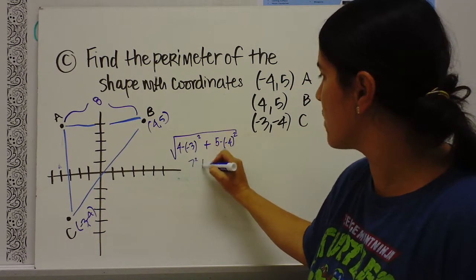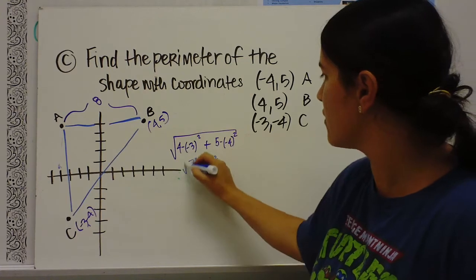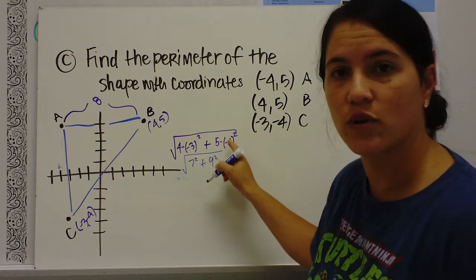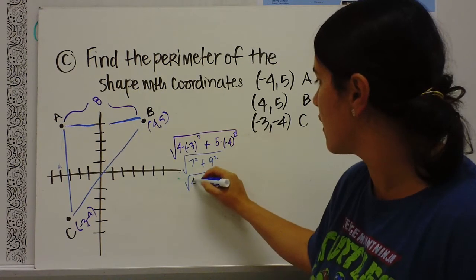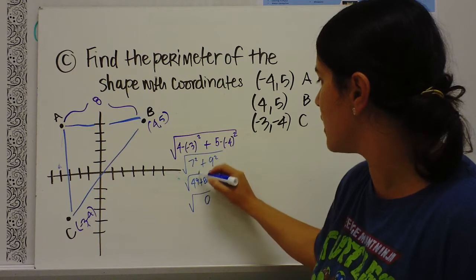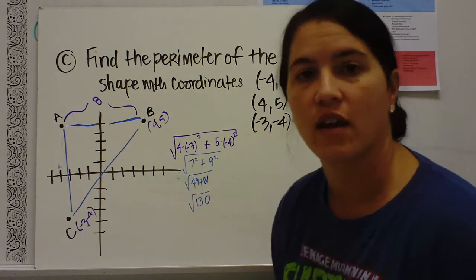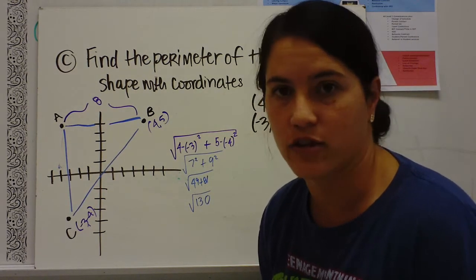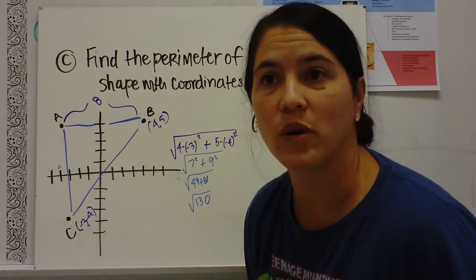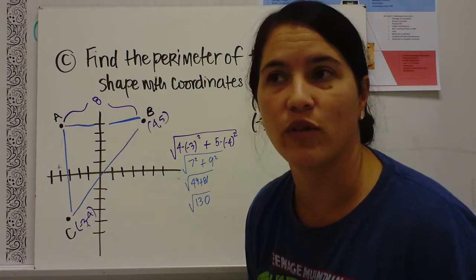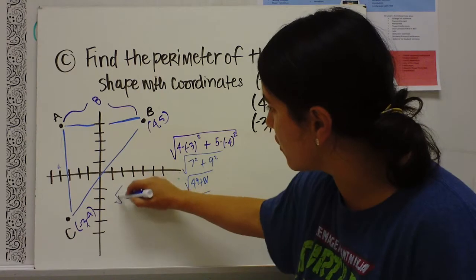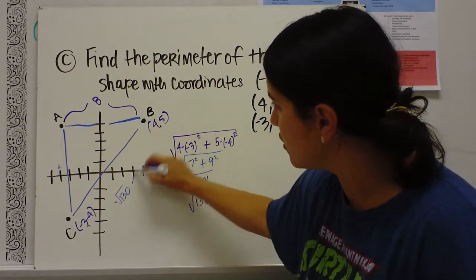This would be 7 squared plus 9 squared. 4 minus negative 3 is 7, and 5 minus negative 4 is 9. Then 49 plus 81 is 130. So the square root of 130, which I don't know off the top of my head. I know that the square root of 121 is 11, and 144 is 12, so it's between 11 and 12. So this is the square root of 130, from here to here.